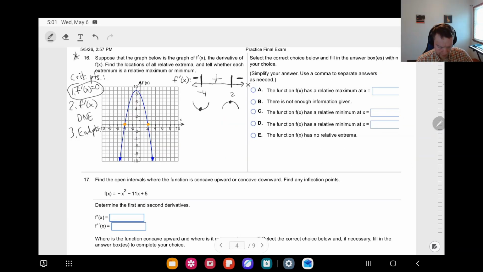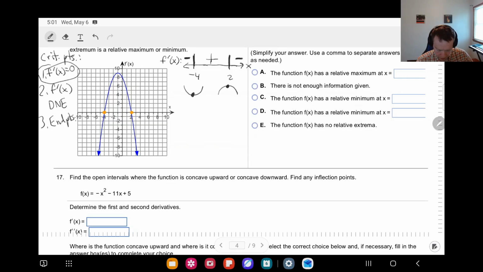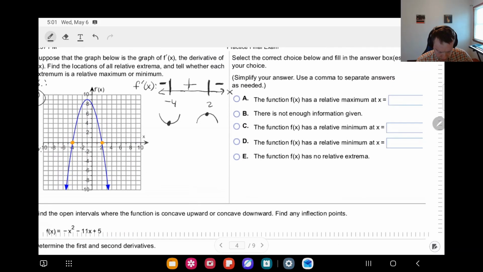I think something got cut off here when I printed this. Yeah, because C is supposed to be both, according to what I'm seeing here on the answers. So we have relative minimum at x equals -4, and relative maximum at x equals 2. You shouldn't have this problem on your end. It's because I printed this off.